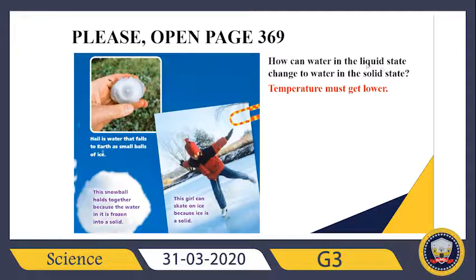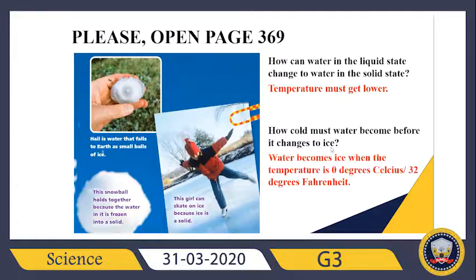From liquid to solid. If the temperature gets higher, it can change from solid to liquid or from liquid to gas. But when the temperature gets lower, it will change from gas to liquid or from liquid to solid. How cold must water become before it changes to ice?